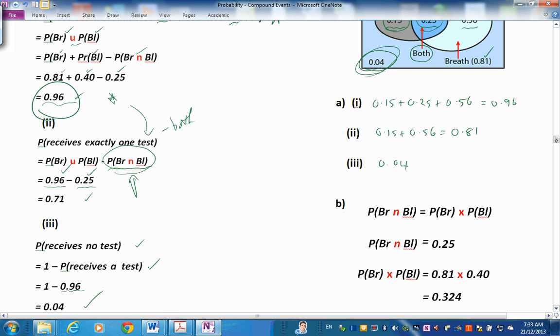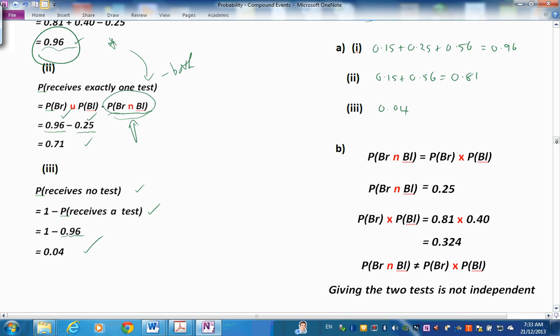Okay, so what about the last little bit here? Sorry about the skipping today, it's not good. Okay, are the tests independent? Well, let's use the rule here, the probability of getting them both, that's breath and blood. If they're independent, you would find it equal to the probability of breath times the probability of blood. You wouldn't have to adjust them. Let's check it. Now we know that the probability of breath and blood test was 0.25, given to us.